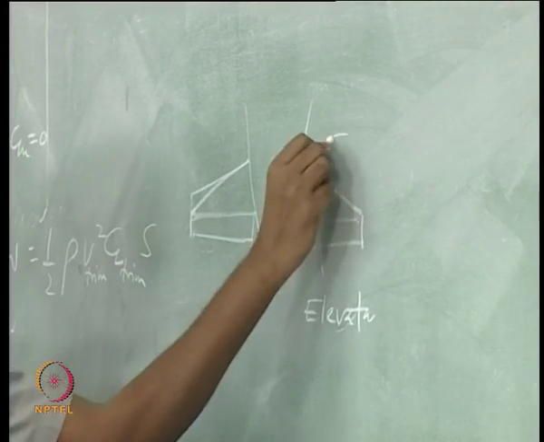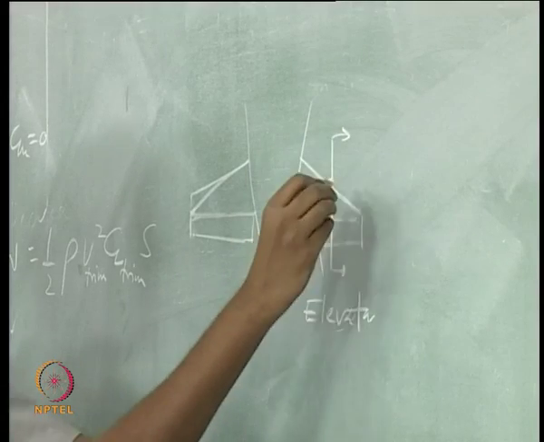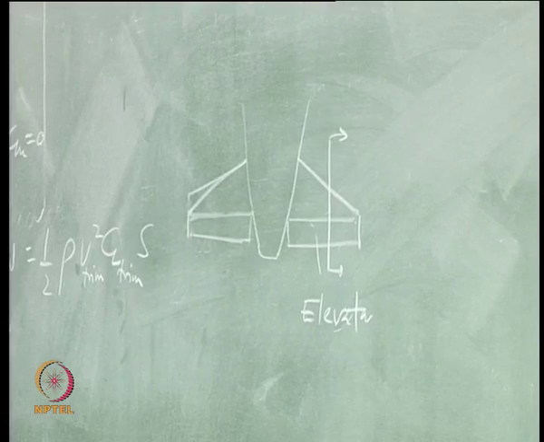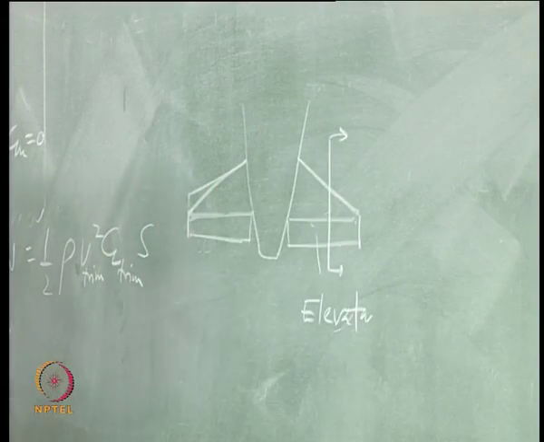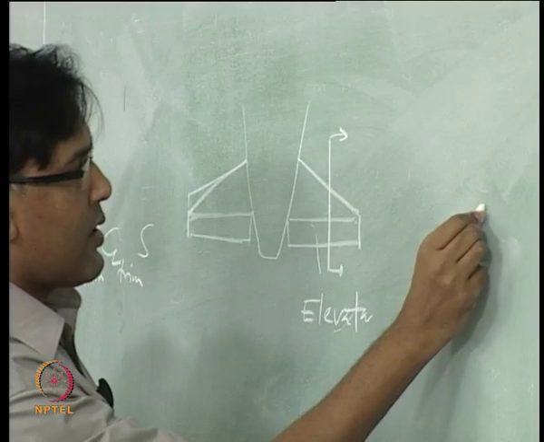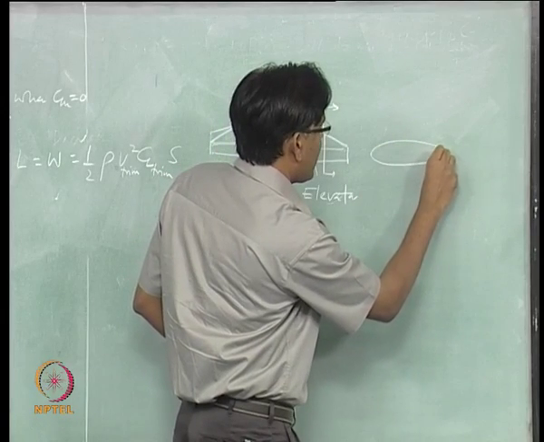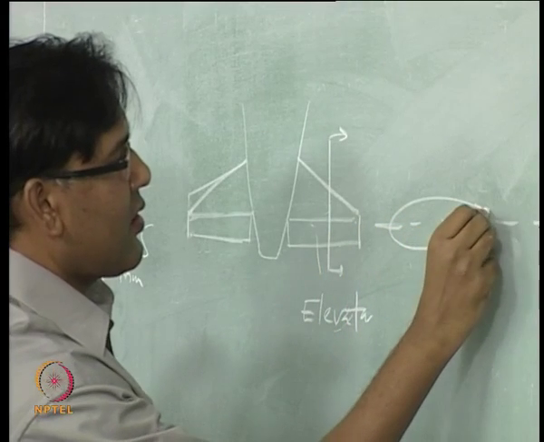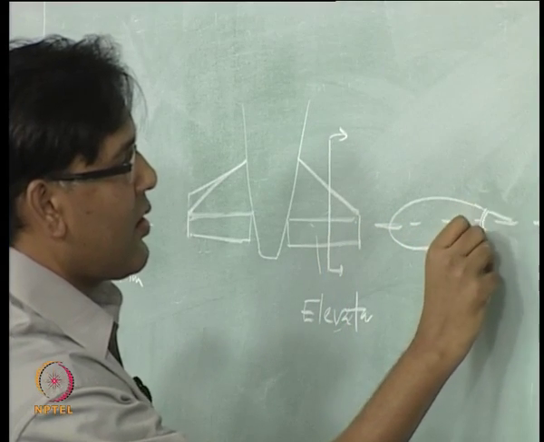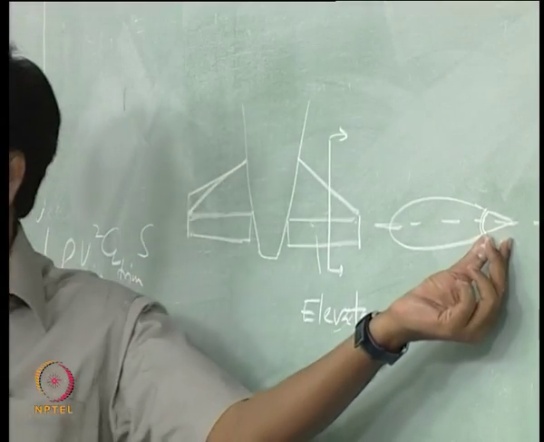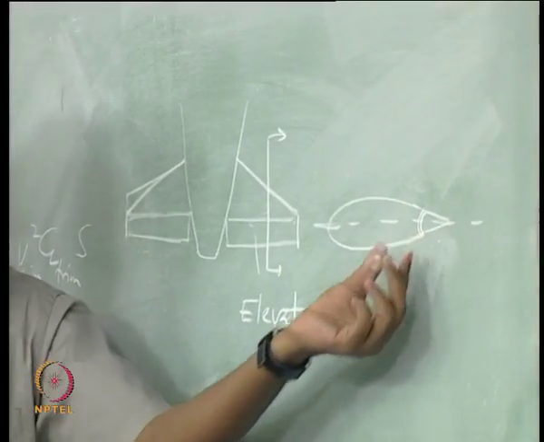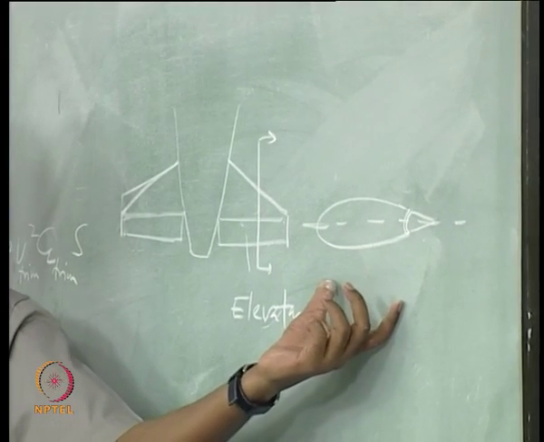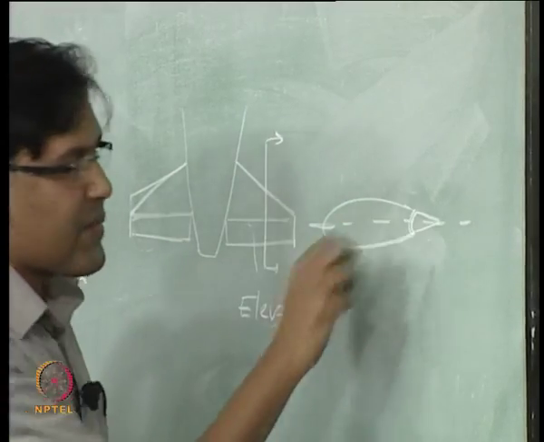If you take a section of this tail, right, what you see is this small flap, right, hinged to this main tail body, right. So, this flap is called elevator.